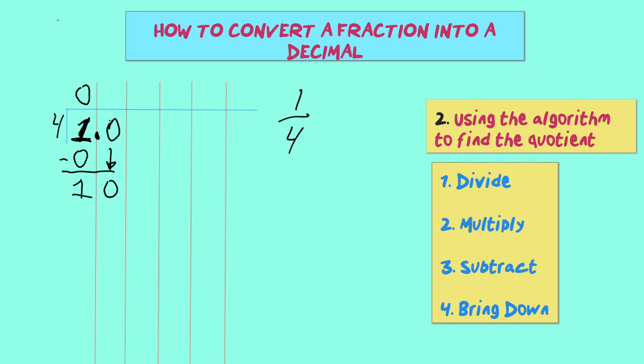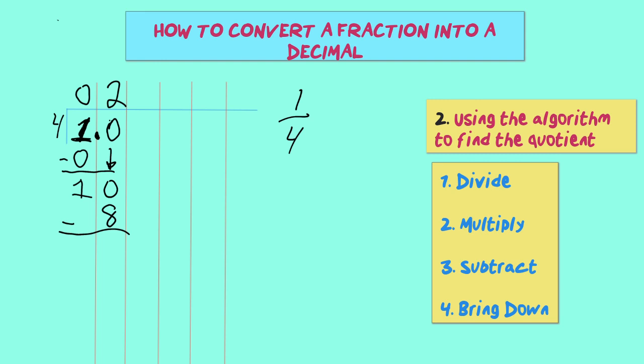All right, now we go back to divide. How many times can 4 go into 10 without going over 10? 4 can go into 10 2 times. Now we multiply. What is 4 times 2? 4 times 2 is 8. And notice how I have these lines here for my long division algorithm.